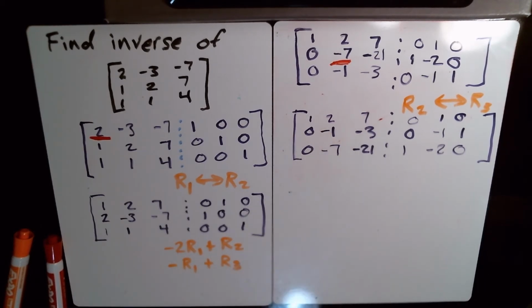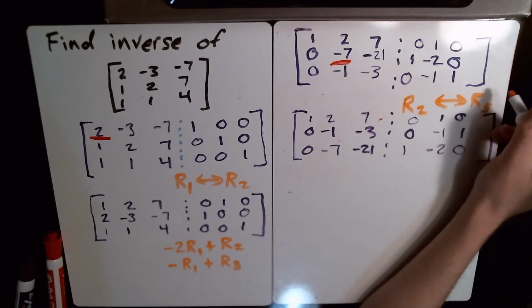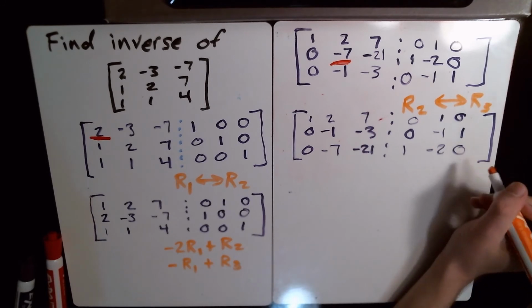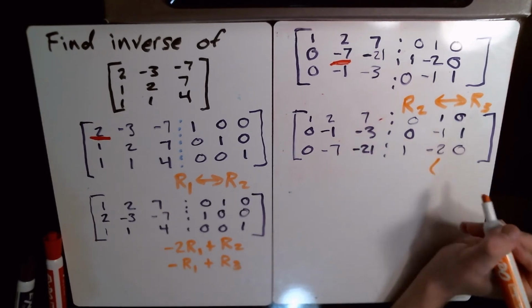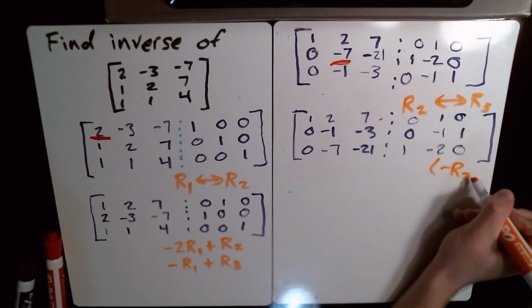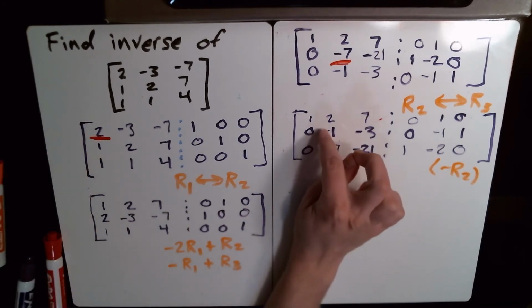So what I'm going to do as well is to get rid of that negative there. Negative times row 2, we're going to do that first so that I get a +1 there.